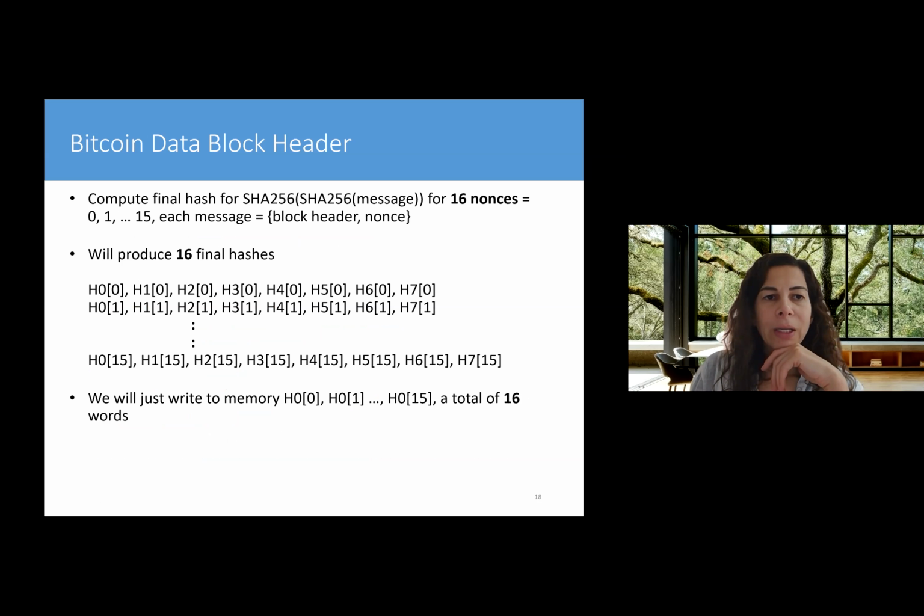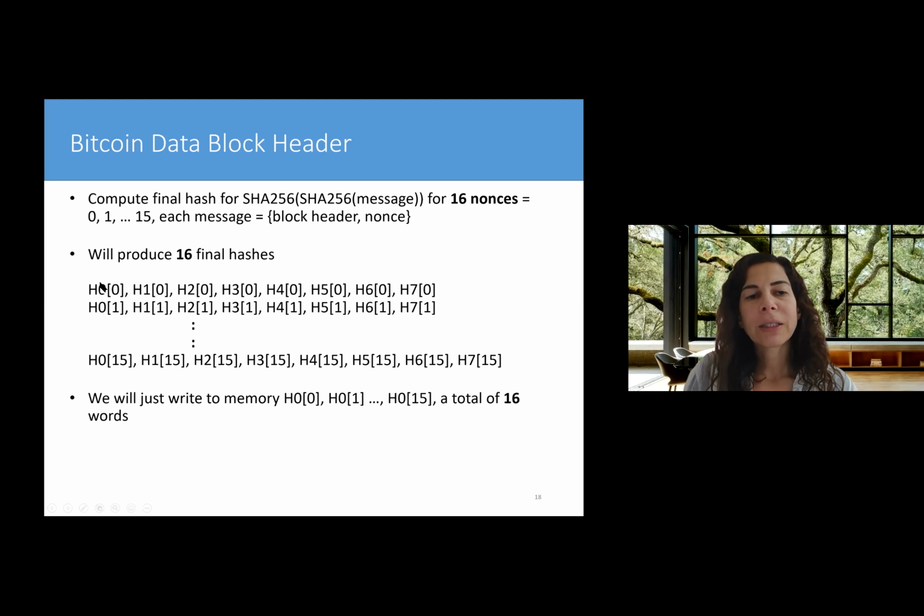Now this will compute the final hash, which is the SHA-256 nested with SHA-256 of the message for 16 nonces, for each message, which has a block header and a nonce.